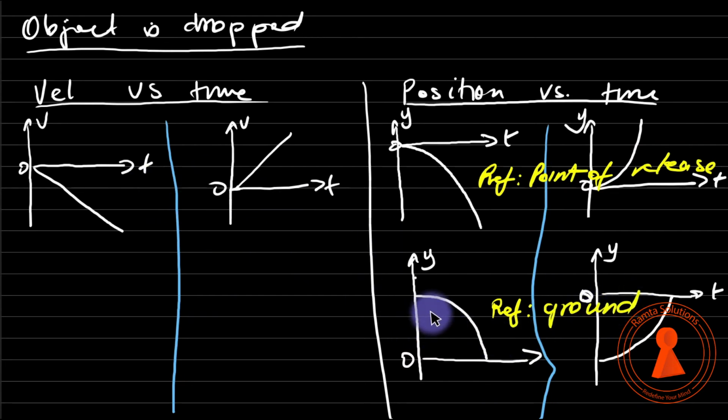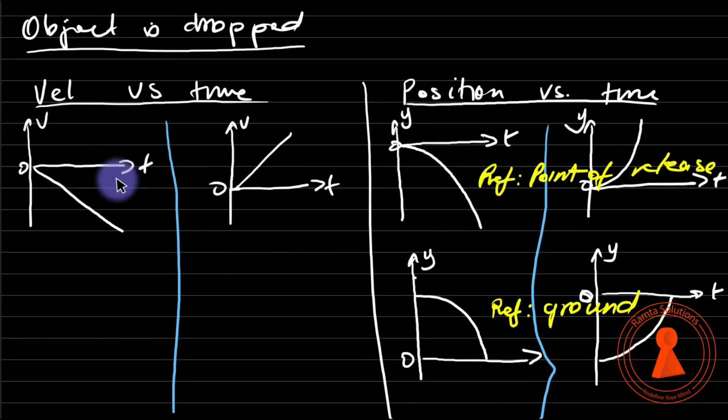Right, as you can see, from the top of the building or the top of the hill, this is the ground. So these are our graphs. The left hand side is when upwards is positive, the right hand side is when downwards is positive. Similarly on position versus time. Okay, so this is how we look at them.